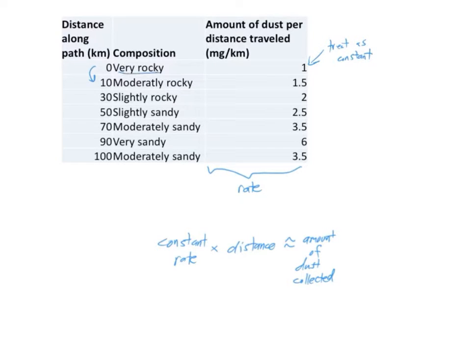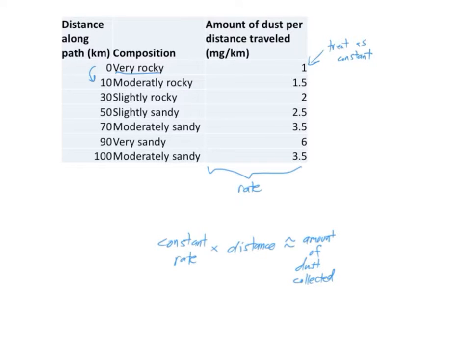So we are going to treat the rate as being constant over any amount of change in distance. So we'll assume that the entire distance over the first 10 kilometers is very rocky. So dust will accumulate at a rate of 1 milligram for every kilometer the rover travels.